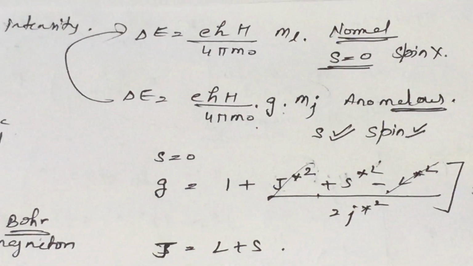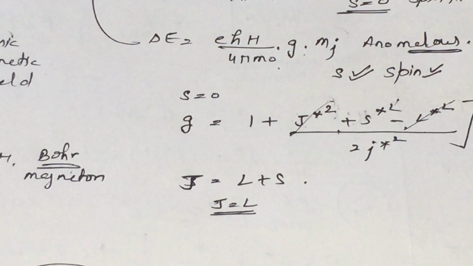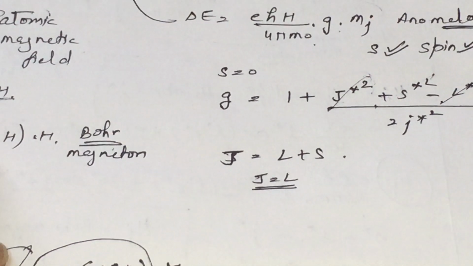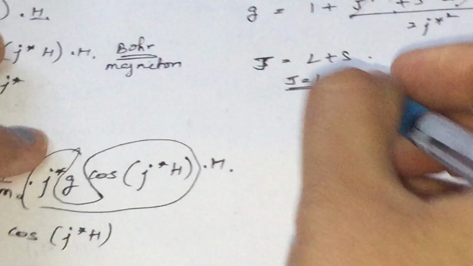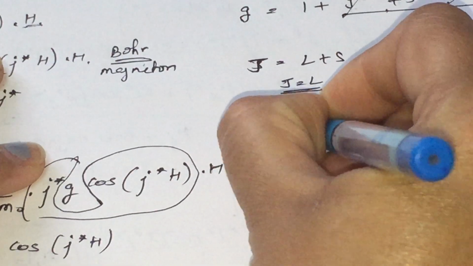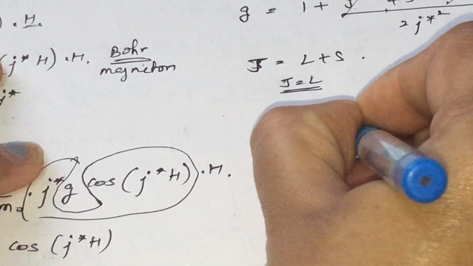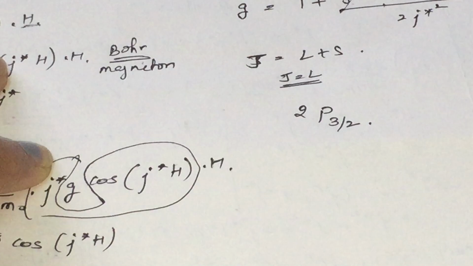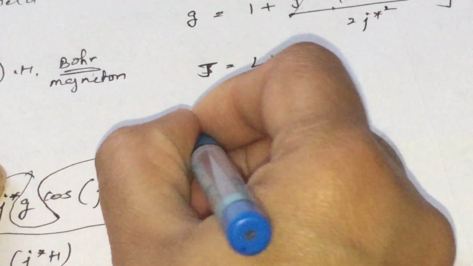In case of anomalous Zeeman effect, what we are going to discuss is that, for example, let us consider I have an energy level, and this energy level I am representing by 2P3/2.